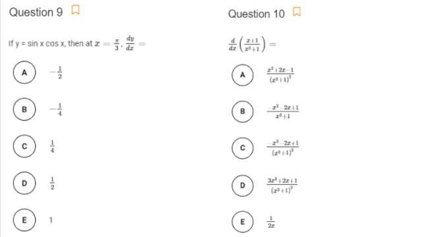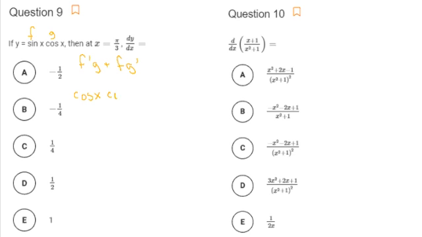All right, now number 9, taking the derivative at this value of x, we're going to have to use our product rule. So again, I'm going to say this is f, this is g. We're looking at f prime g plus f g prime. So the derivative of sine is cosine.